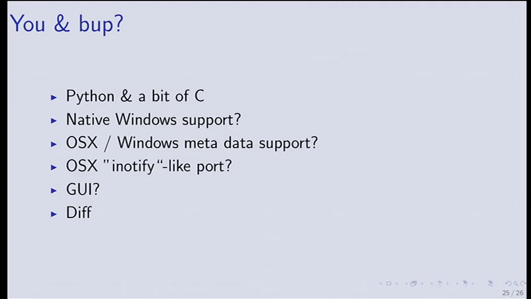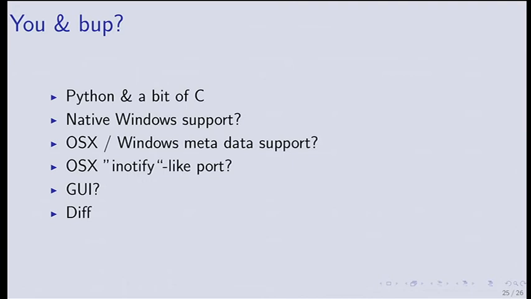I already backed up Windows systems with it. But if you're into Python and Windows, join us. Also, we don't have metadata support for OS X or Windows. OS X has, I think it's called FSEvents, which is something like inotify. You could port the inotify daemon to it.